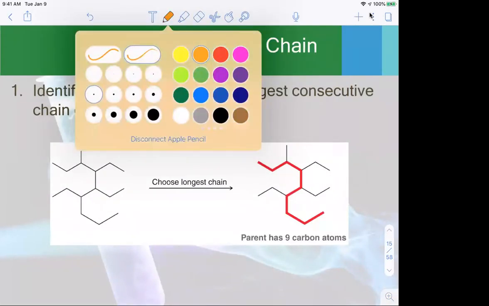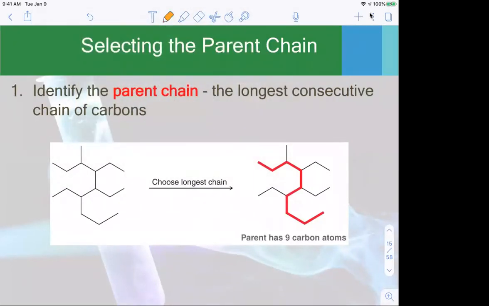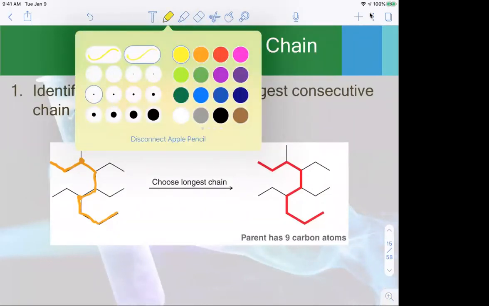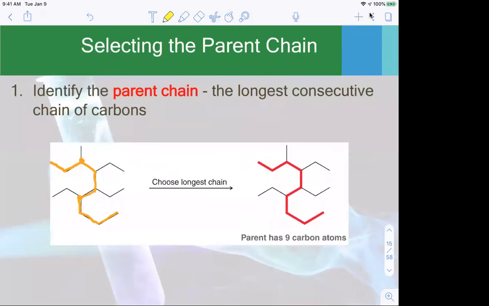So I could go through and I could say, okay, 1, 2, 3, 4, 5, 6, 7, 8, 9. That's 9 carbons, right? I could also go through 1, 2, 3, 4, 5, 6, 7, 8. Well, that's not as long, so it probably doesn't matter.